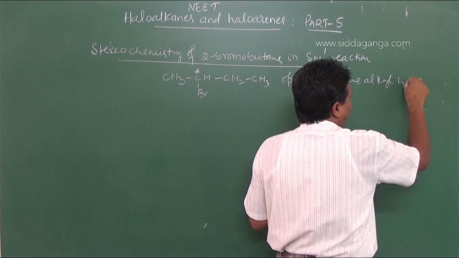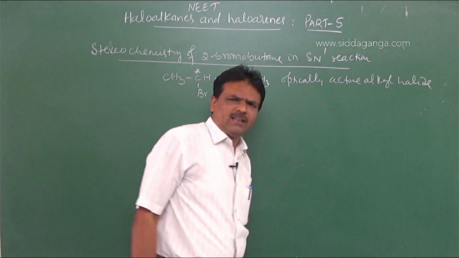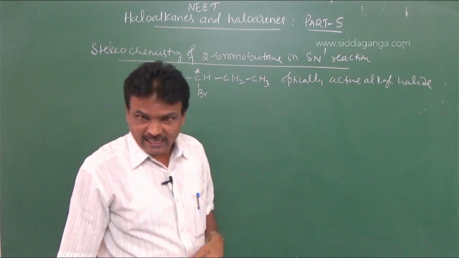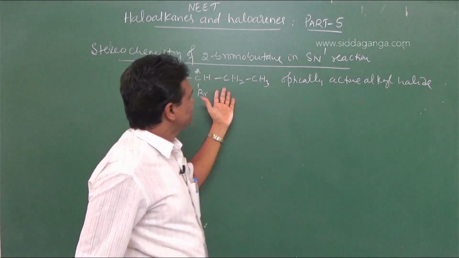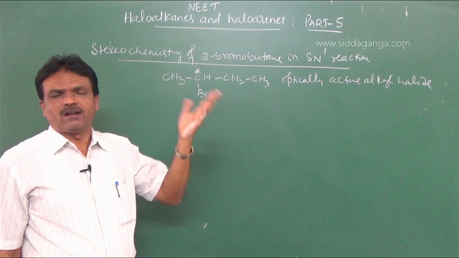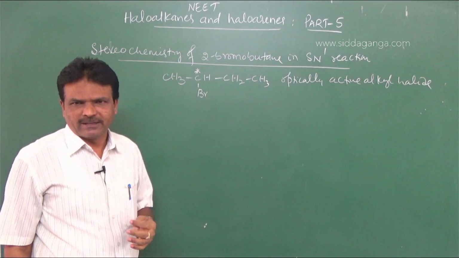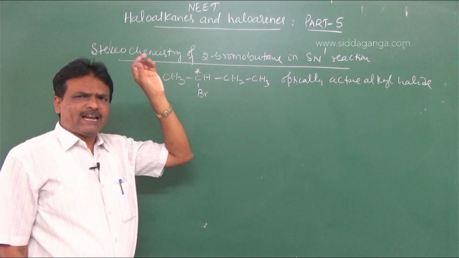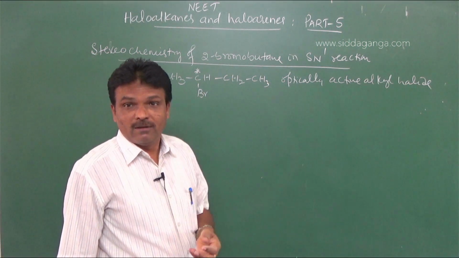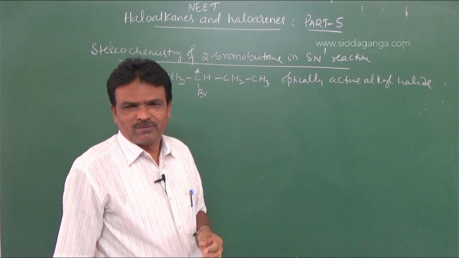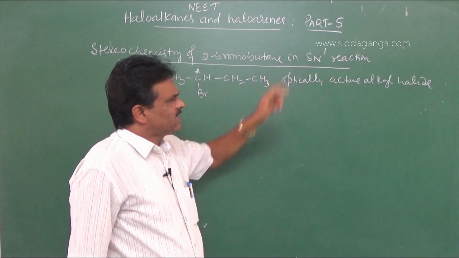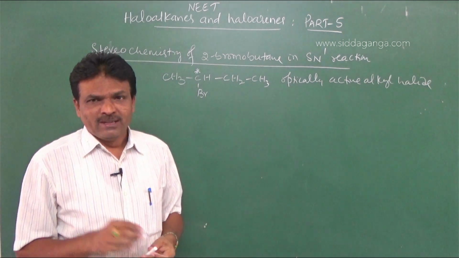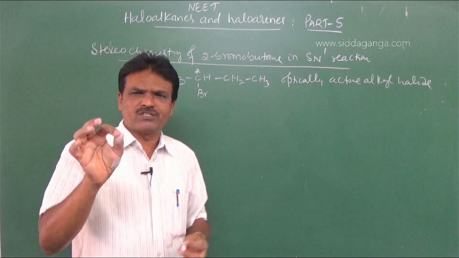Optically active alkyl halide means when the solution of this compound is placed in a polarimeter and plane polarized light is passed, it turns the plane polarized light either to the left or to the right. It shows the optical property. If an optically active alkyl halide is involved in either SN1 or SN2: in SN1 reaction, we know that it leads to racemization.